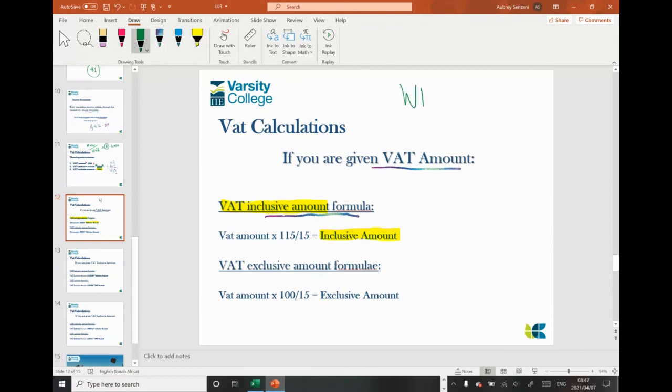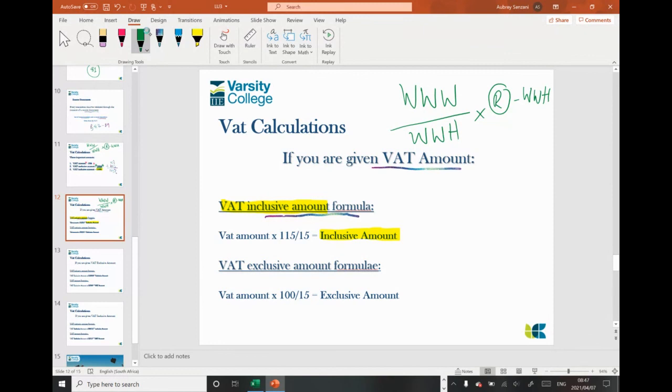What we want divided by what we have, times... what do we want? What we want is the VAT inclusive amount.